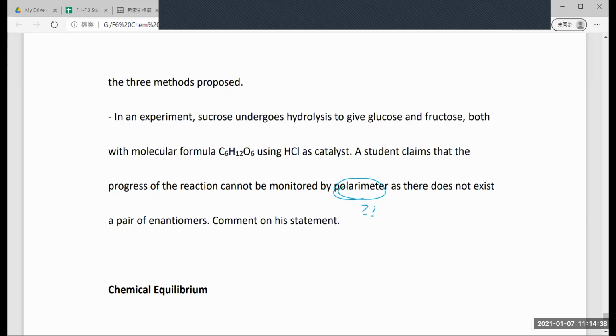What is that? Glucose and fructose. Now about these two chemicals, are they optically active?